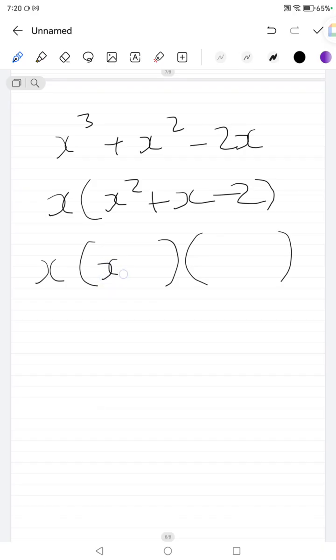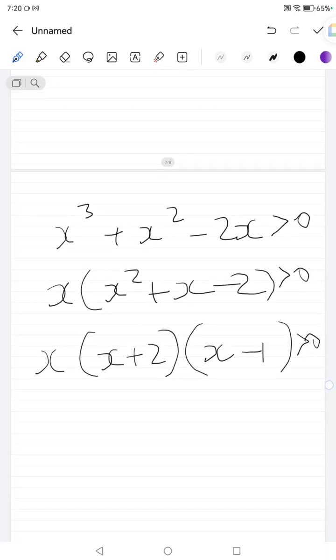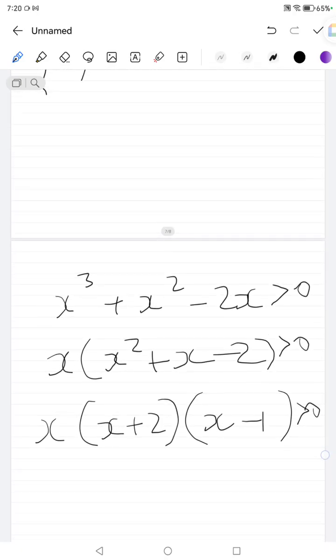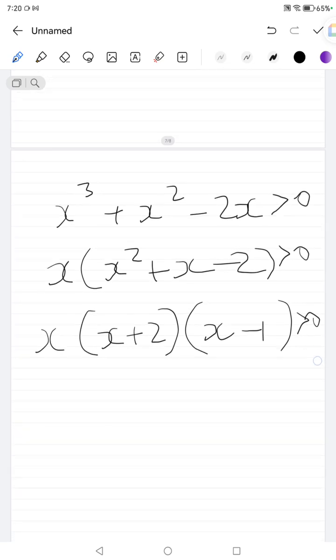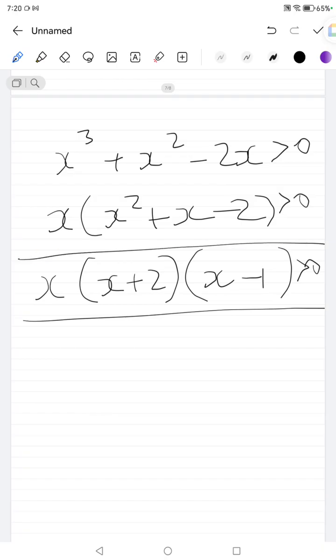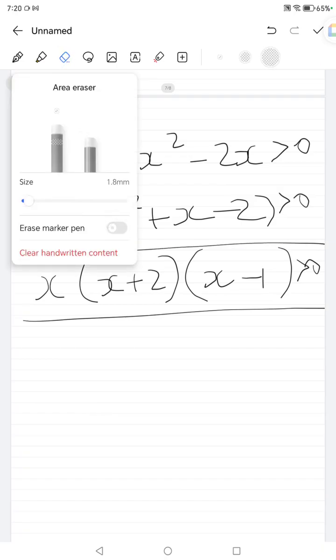You have x plus 2, you have x minus 1. Remember, all of this is still greater than 0. But even if you're just testing this side and writing your equal sign, it doesn't matter, as long as when you go to the other side you write your correct answers, that's all that matters. So from this one, let's just pretend we're equating to 0.